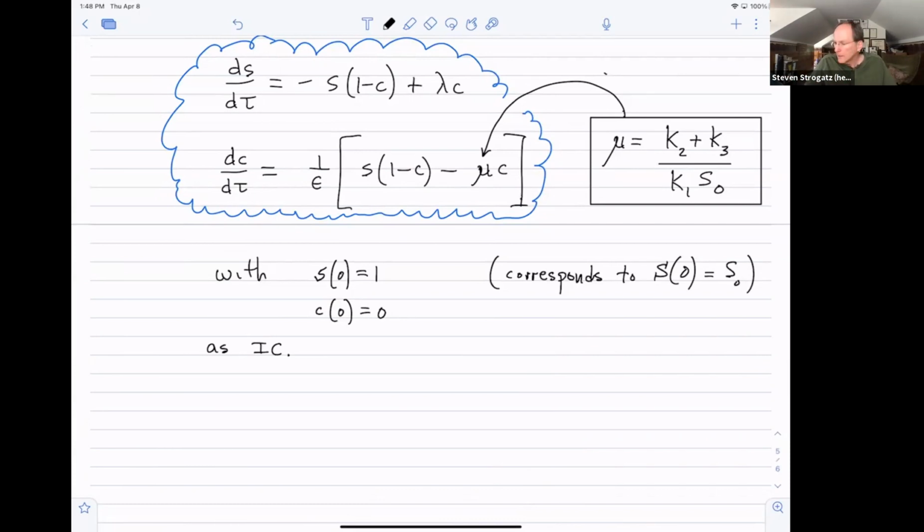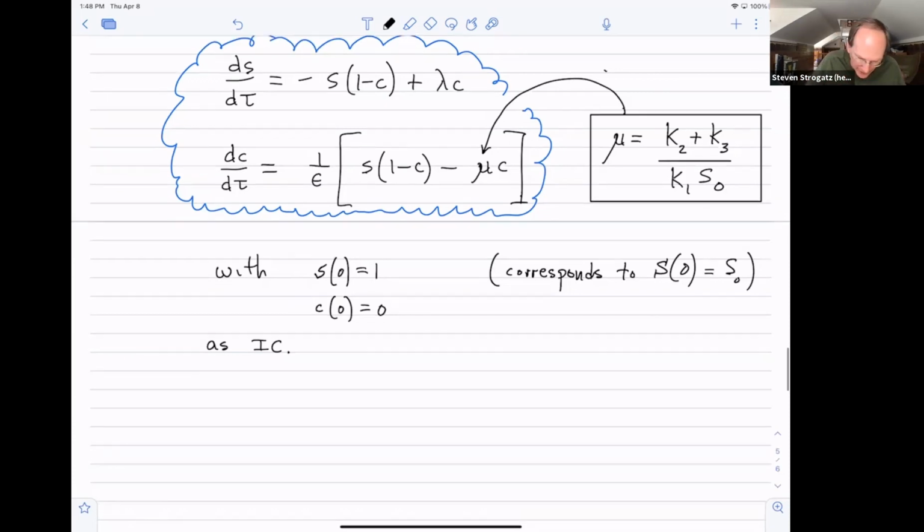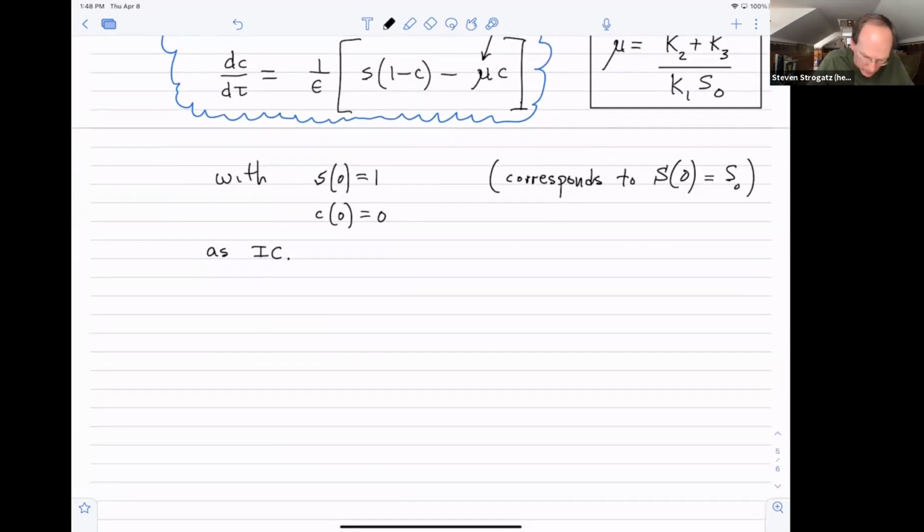All right, maybe before we move on to the phase plane, I should remember that one of our main goals here was to understand the rate of production of the product. So we ought to put that in dimensionless form too. Let's just do that first.